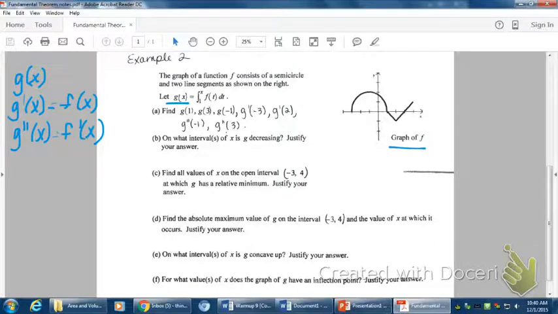I'm going to leave some of these in part A for you to do, but I'll remind you how to do a couple of them. Let's do one of each: g of 1, g prime of negative 3, and g double prime of negative 1. I want you to do the other ones. So g of 1 means I plug 1 into the equation where they tell me what g is.